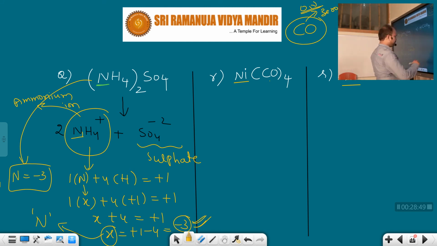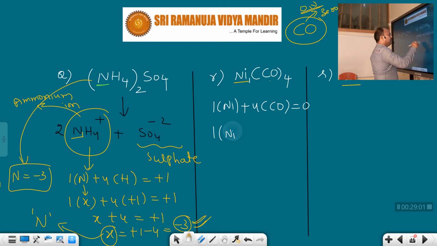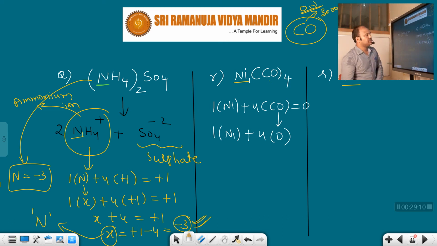So how to do this sum? How many nickels are there? 1 nickel. How many carbonyl groups? 4 carbon monoxide, which should equal its charge 0. I already told you, whenever a carbonyl group is there, directly write its oxidation number as 0.